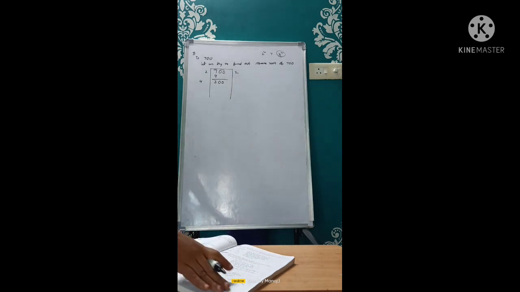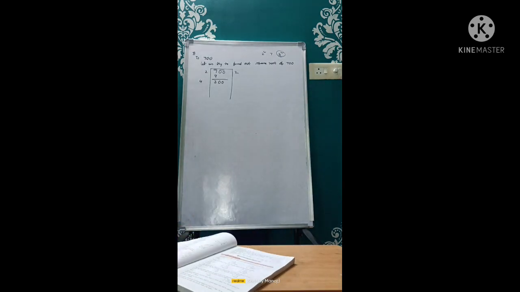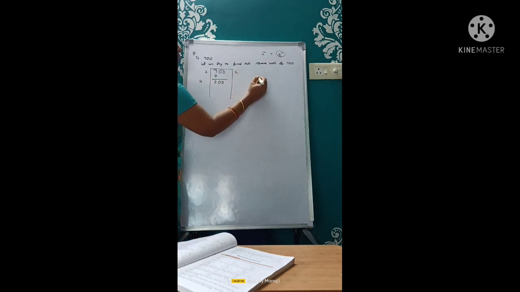Next, which number do we have to use? Here 4 is there, but here 300 is there. So 45 into 5. 5 5s are 25, 5 4s are 20 plus 2, 225.